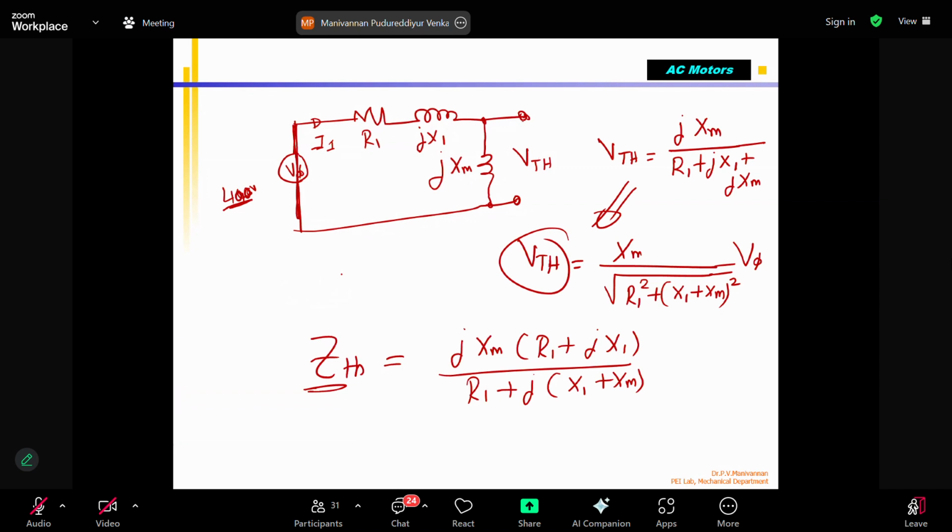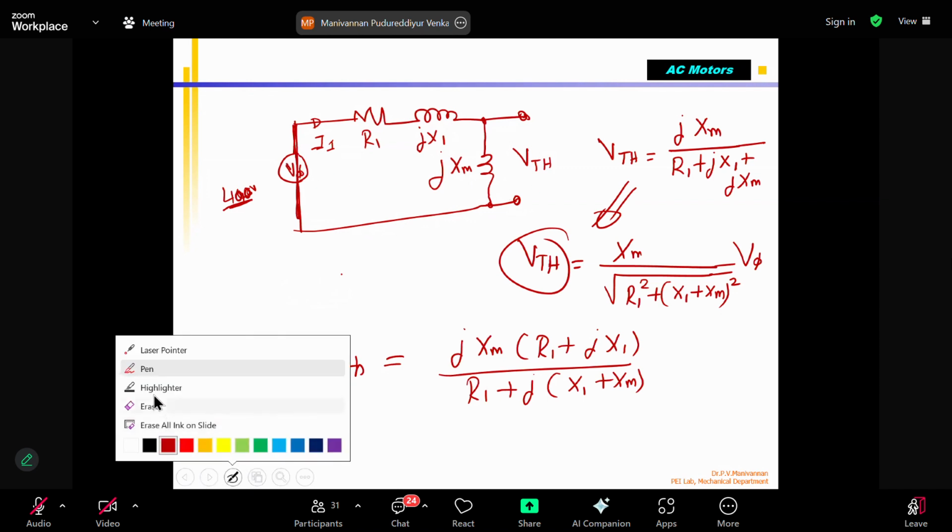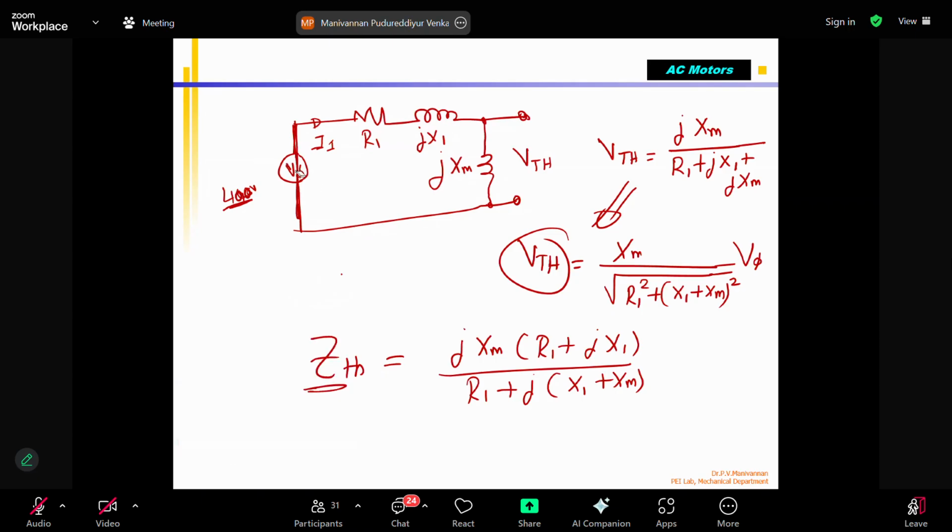I applied a voltage, sorry, they call it V1, the input. This is the input voltage applied to the stator coil. Because of that, current is flowing like this, and there is a voltage drop.